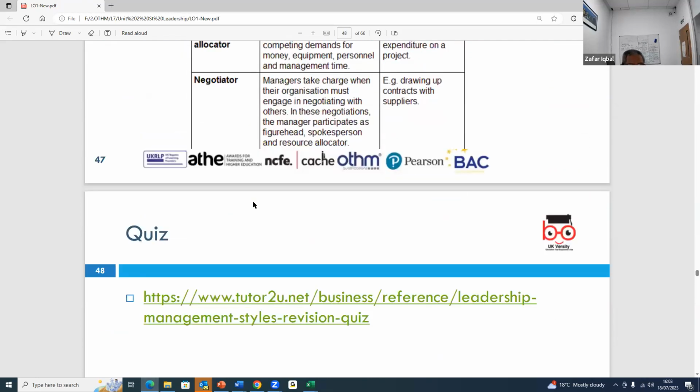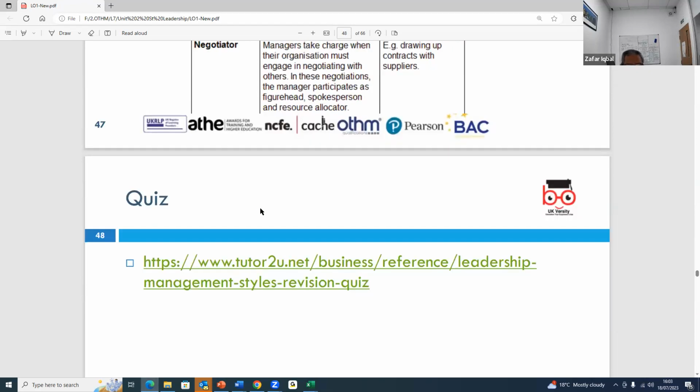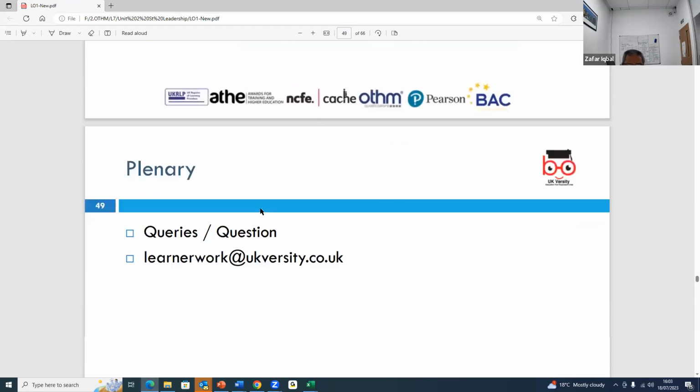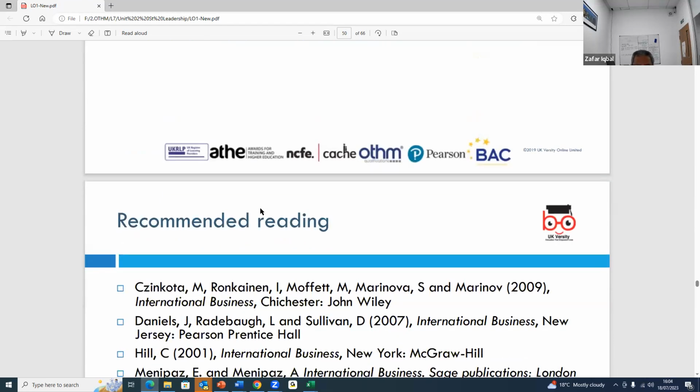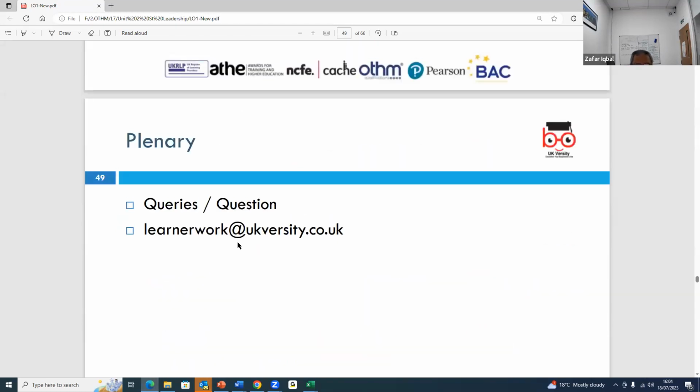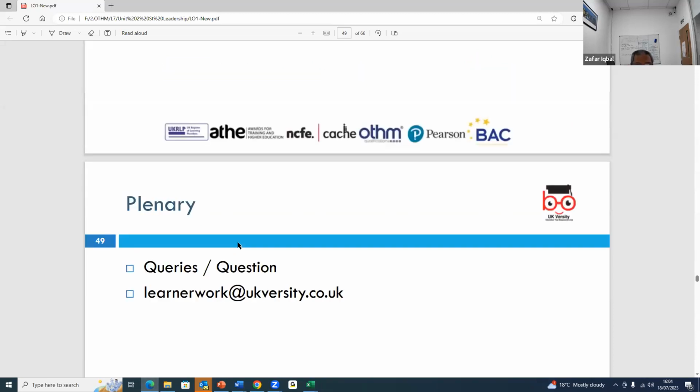So what we've looked at so far, we've dealt with a lot of stuff. We studied management, the difference between leadership and managers. We looked at a lot of theories of managers and management and leadership styles, and we compared the leaders and the managers themselves.